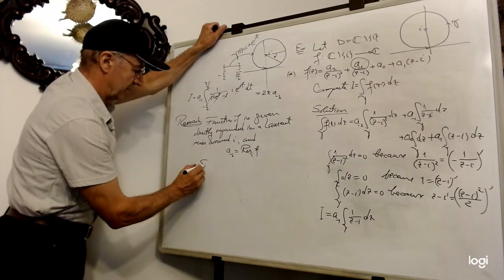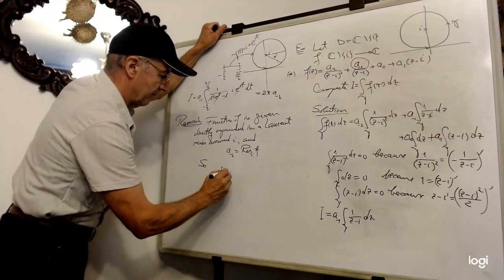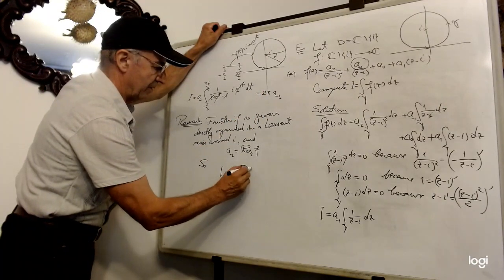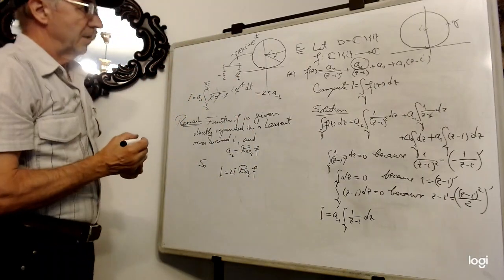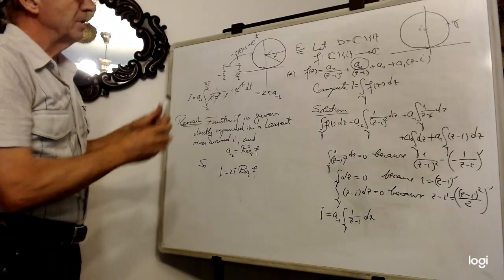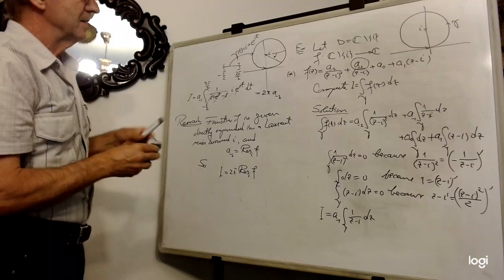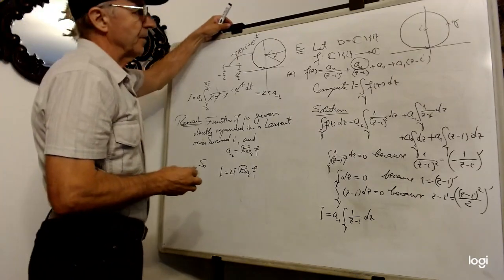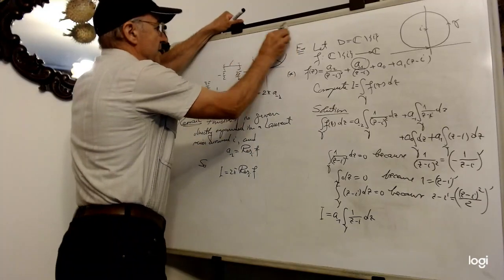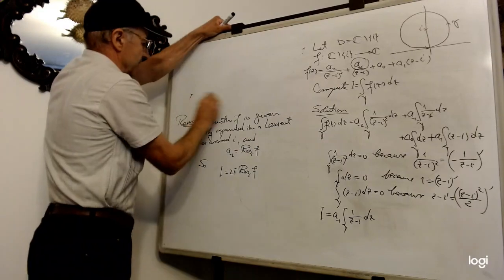So our integral is 2 pi times the residue at i of f. Here you can see one of the ideas on which the theorem of residues is based, this example.